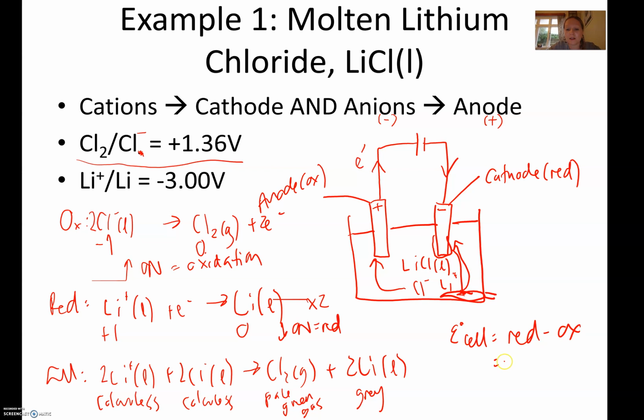Okay, so that's going to be -3 minus 1.36, and that'll give you a negative number, because a minus and a minus, they actually add together, so it's going to be negative 4.36 volts. So that's going to be negative. Okay, so therefore, because that's negative, it is non-spontaneous. And we'll talk in detail in the compare and contrast about that. So well done there. That's the first example.